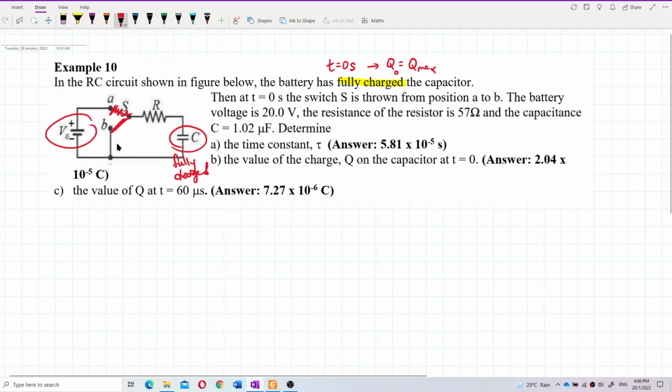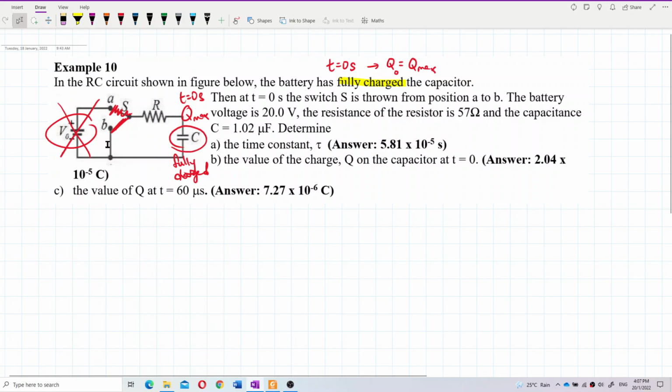Then he throws the switch to B. That disconnects the battery, so the capacitor starts with full, maximum charge at 0 second. When connected to B, current starts to flow through the resistor to discharge the capacitor.